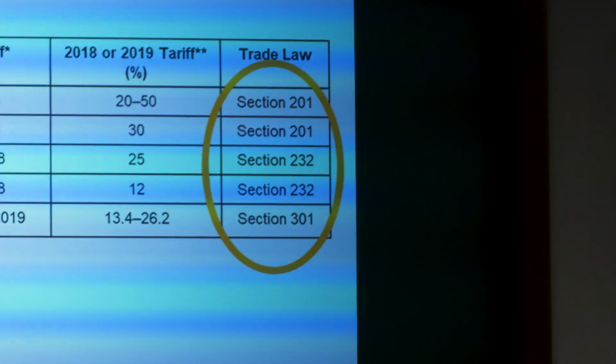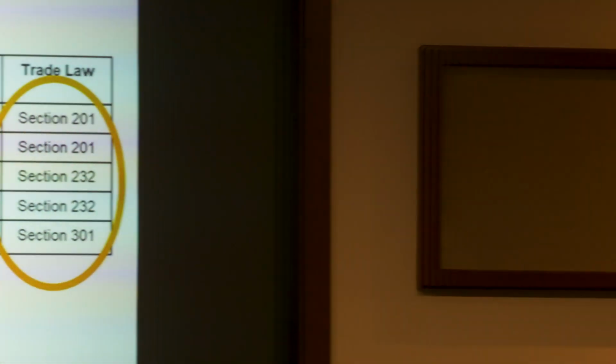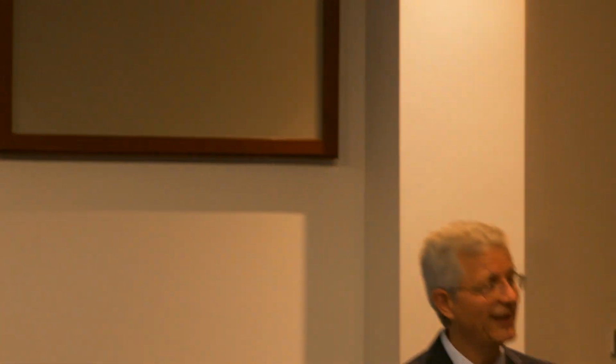These first two, Section 201, is basically a section that says if foreign imports are coming in such increased quantities as to cause or threaten material injury to your domestic industry, and if imports are really the most important cause of that injury, then you can put on a temporary tariff. You can see I almost have that legal language memorized because I taught this so much. So that's Section 201. Those are temporary tariffs. Those were put on by Trump. They're already gone because they're temporary.